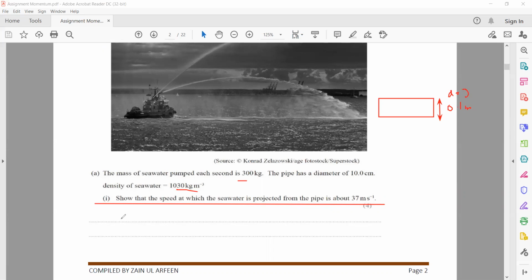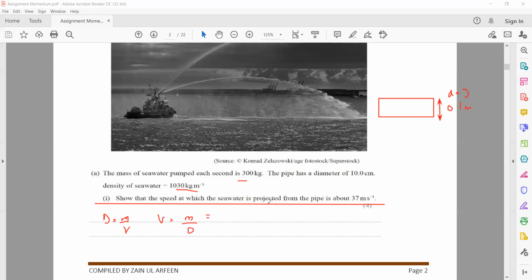So first we will use the density. Density is mass per unit volume, which is given as 1030. So we know density is mass per unit volume, or volume is equal to mass divided by density.